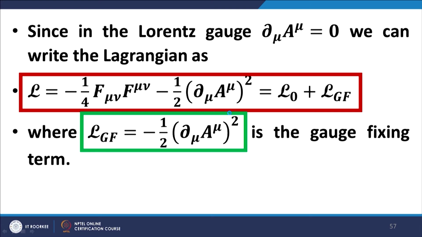Furthermore, because the expression in the round brackets is equal to 0 in the Lorentz gauge, the Lagrangian can be modified and written in the form given in the red box here, where the first term is L script 0, the Lagrangian of the free field, and the second, L script GF, the subscript GF representing gauge fixing, is the gauge fixing term in the Lagrangian.